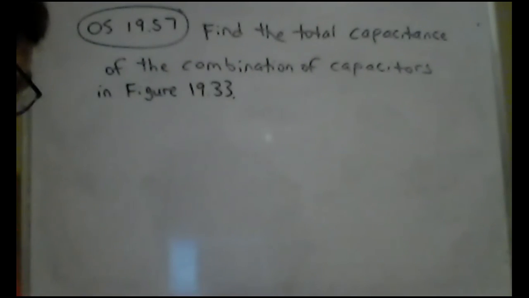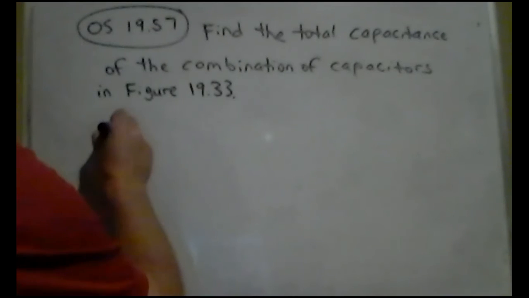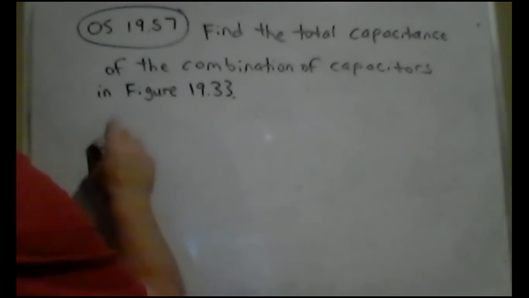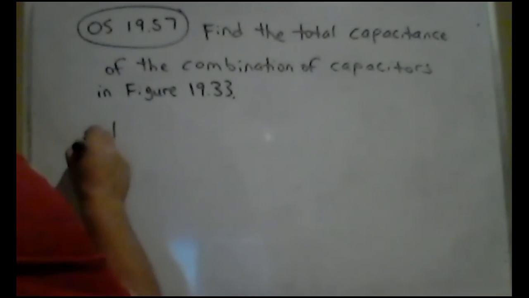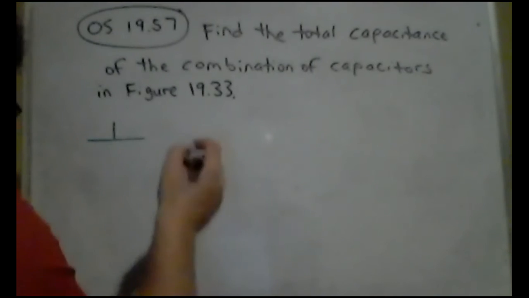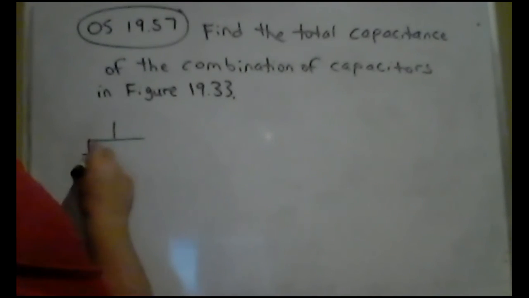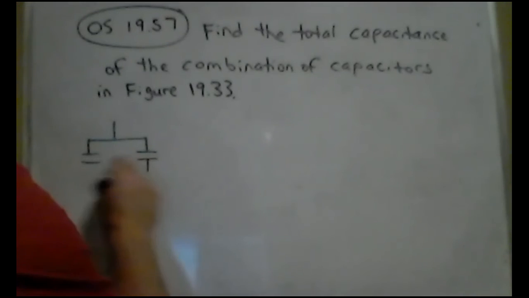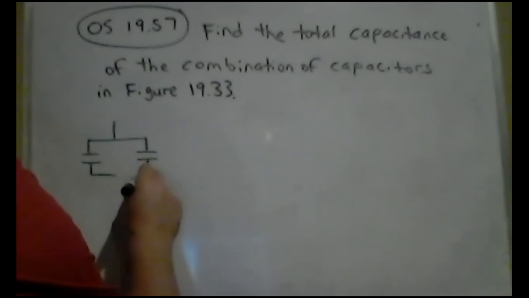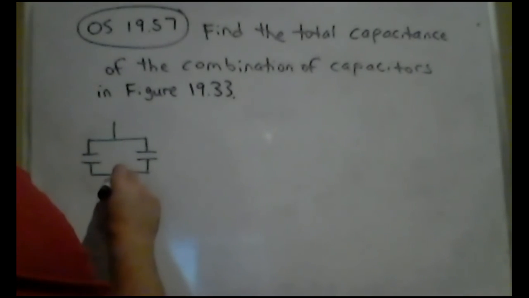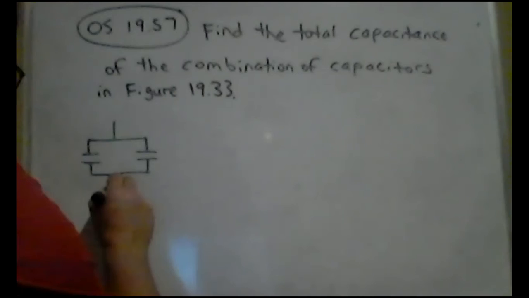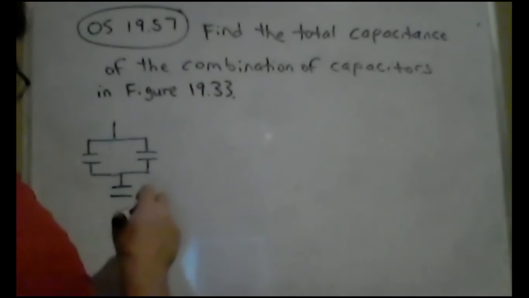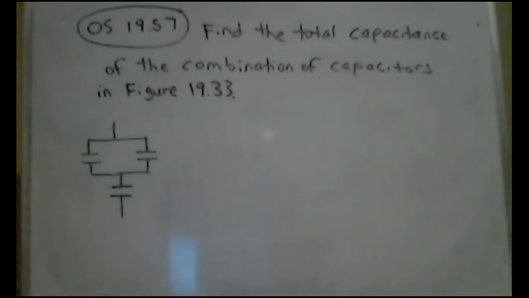All right, so I have a combination. We're going to pull it out of the circuit. I have two in there that are in parallel. They come back together to the main branch. And then I have another one that's connected in series to this parallel combination. All right, so there you go.